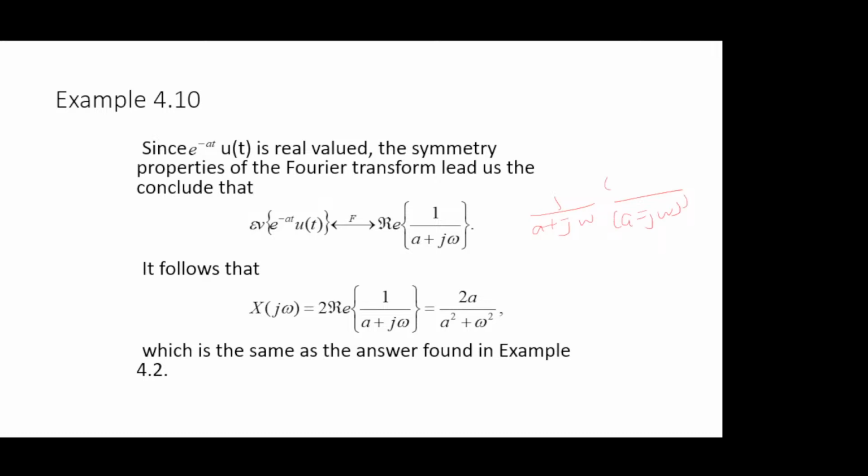That gives a minus j omega over a squared plus omega squared. Then you take the real part, because the denominator is real, you just take the real part of the upper part, so you take a, and that's a over a squared plus omega squared.